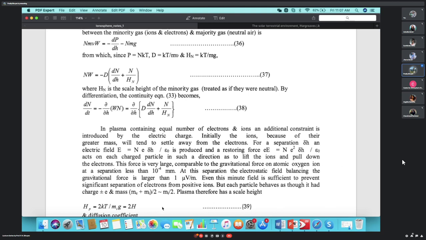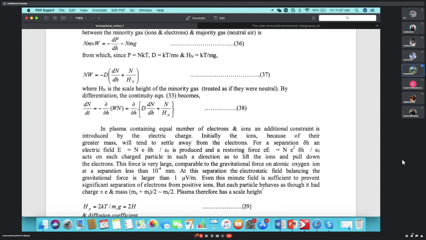As I had mentioned earlier, that mass m will contain two masses, the mass of the electron and the mass of the ion. And the mass of the ion is very large. We can consider the mass of the ion to be very large compared to the mass of the electron. So this will be approximately mass of the ion divided by 2.